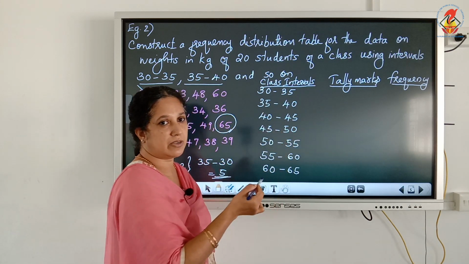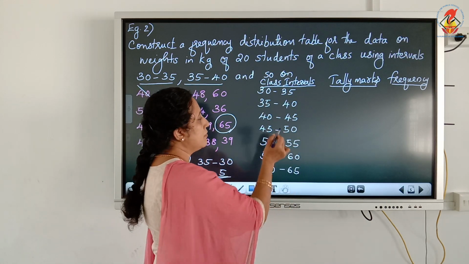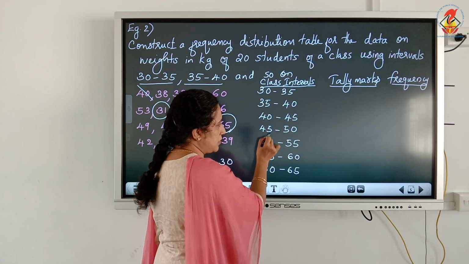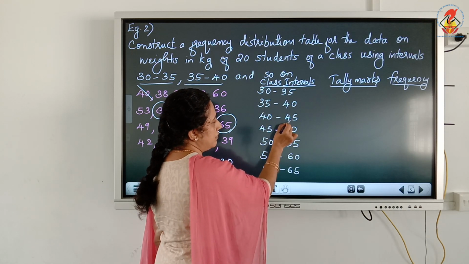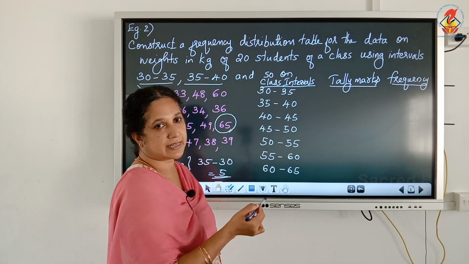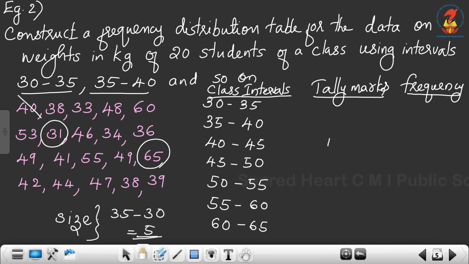You have to consider all the observations below 45. 45 is not included in that group; 45 will come to the next group. Therefore, 40 is included in the class interval 40 to 45, so you put a vertical stroke.